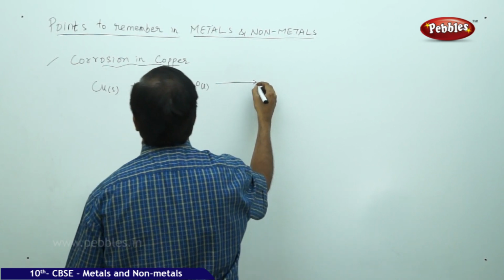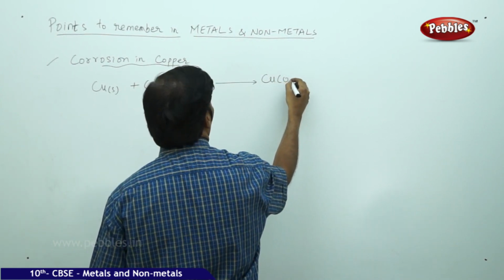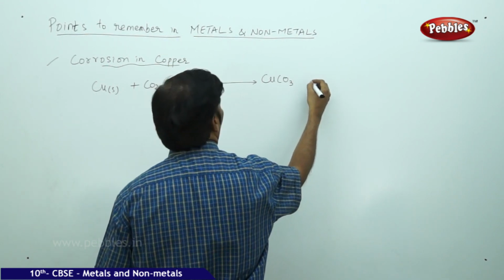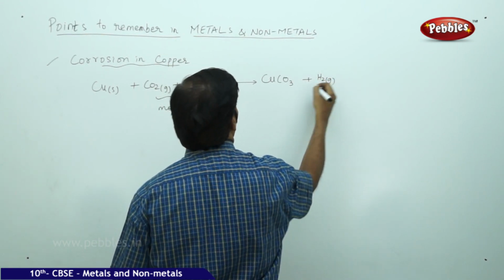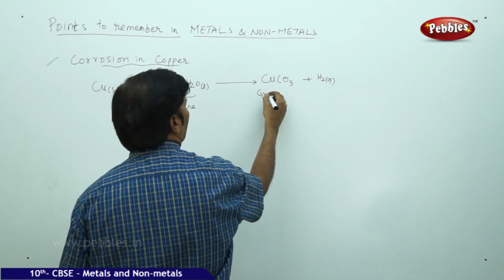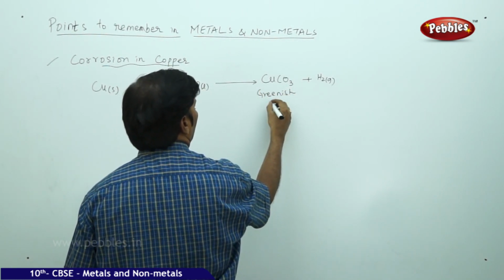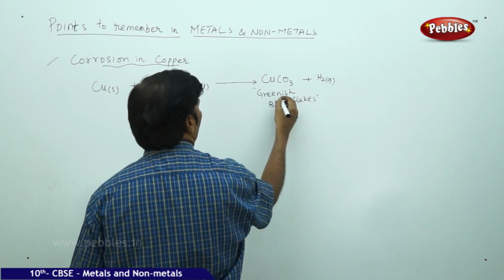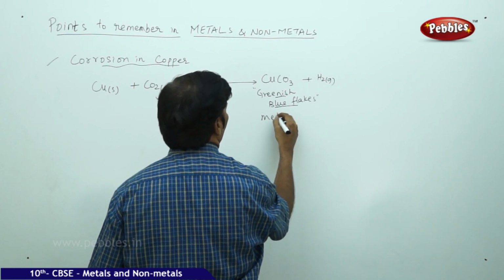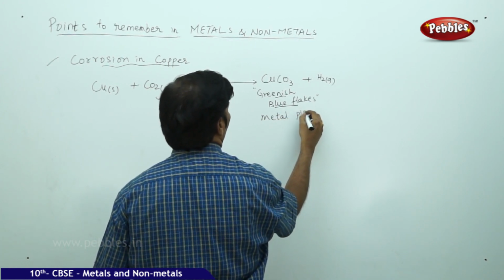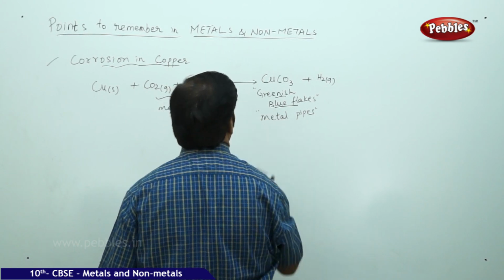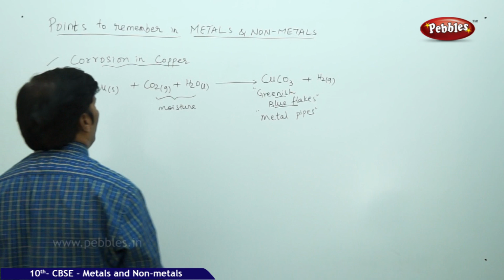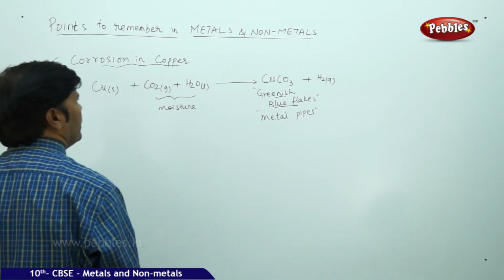Here it develops cupric carbonate, and it can even evolve hydrogen gas. This is the greenish blue flakes on metal pipes. Greenish blue flakes on metal pipes is nothing but the corrosion which takes place in copper.